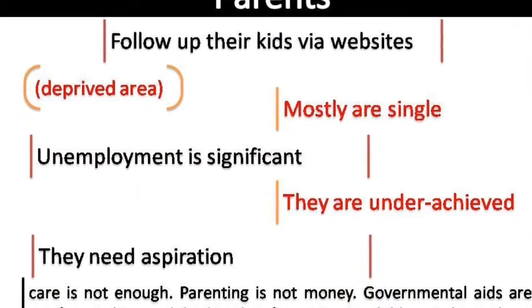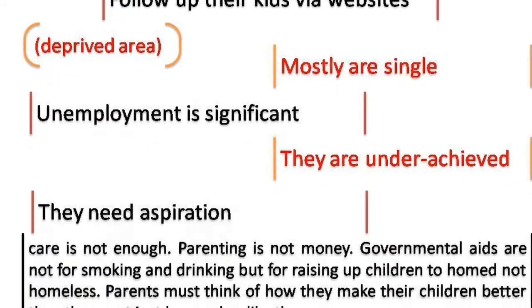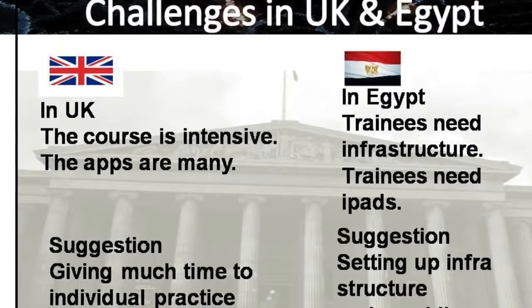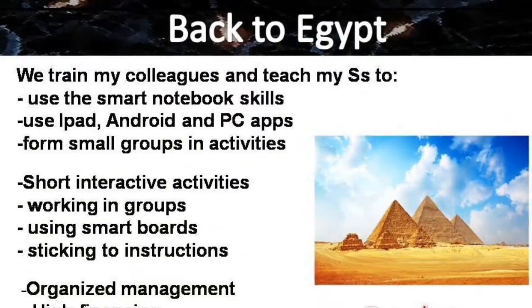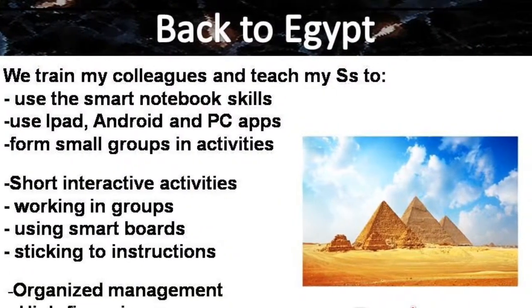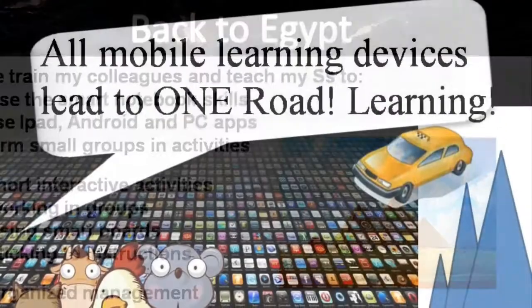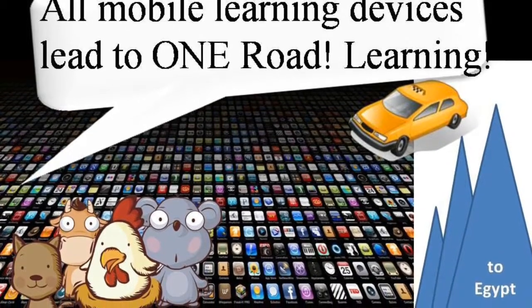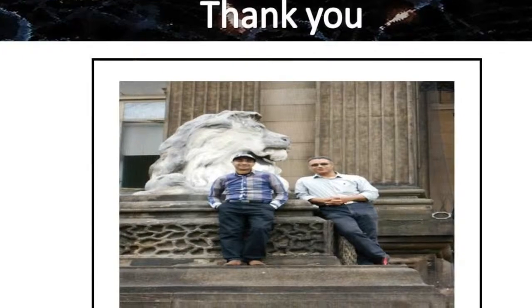Also, we asked about parents and their roles at home. Challenges in the UK and Egypt: we discuss some infrastructure in Egypt that should be done. When I'm back in Egypt, I have to tell the responsible people that we should use these devices.